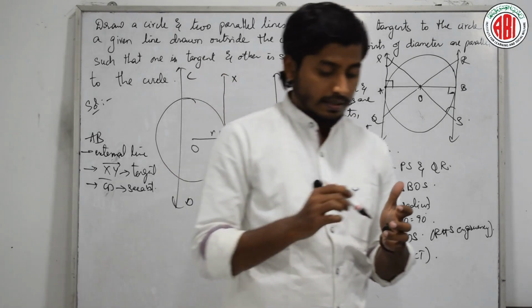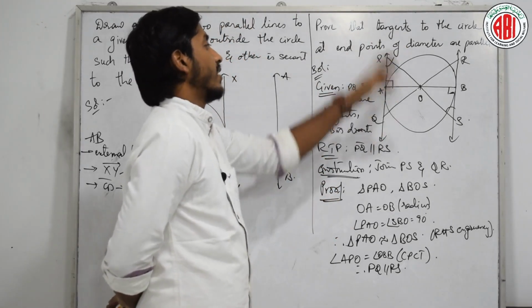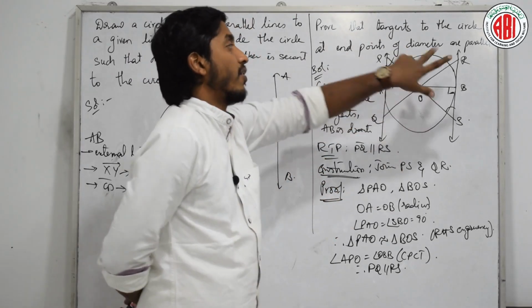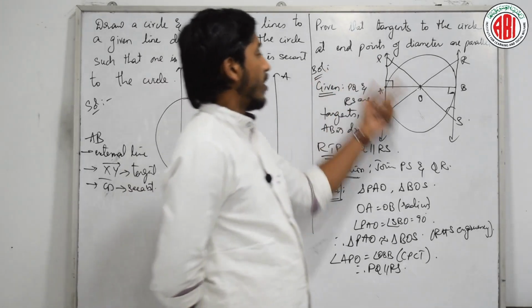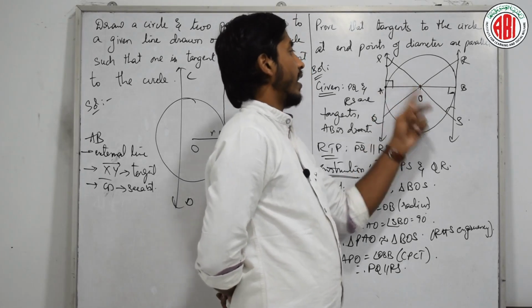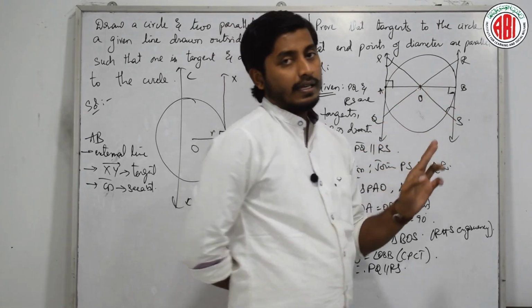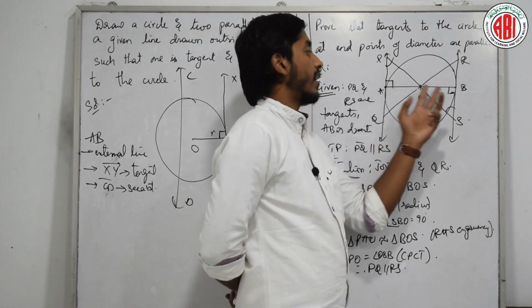Is it clear? Shall we see once again what is the question given? He is asking us to prove that the tangents of a circle at the ends of the diameter are always parallel. How do we do? We will join these two and these two. Then we will consider these two triangles, triangle AOP and triangle BOS, where both are right angles and both are radii.